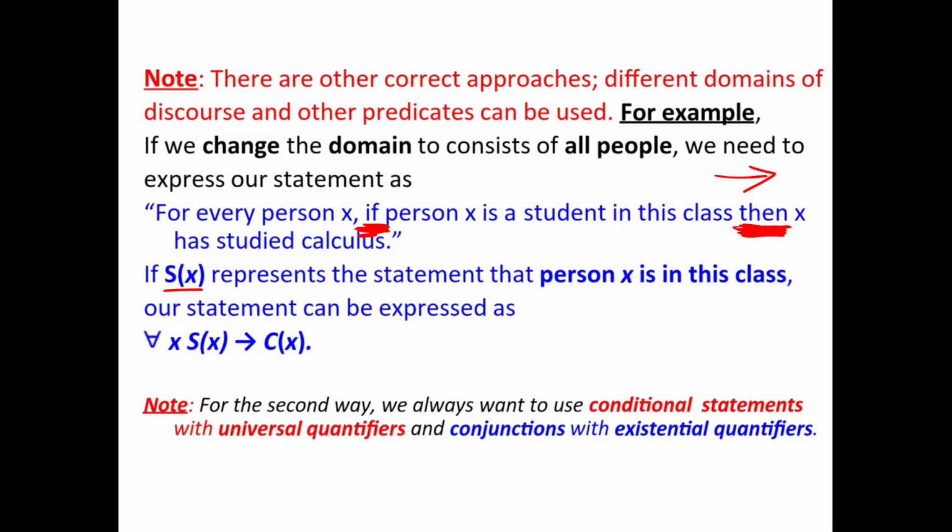Okay, for every person x. So since this representation is S of x, we will have for all x of S of x, and do not forget the if then. So we have if then C of x. So therefore, this will be our statement, or our logical expression.